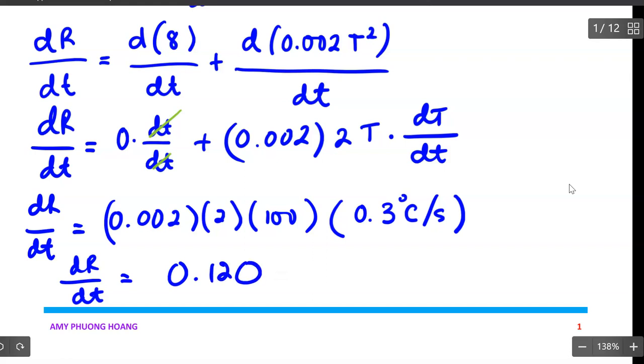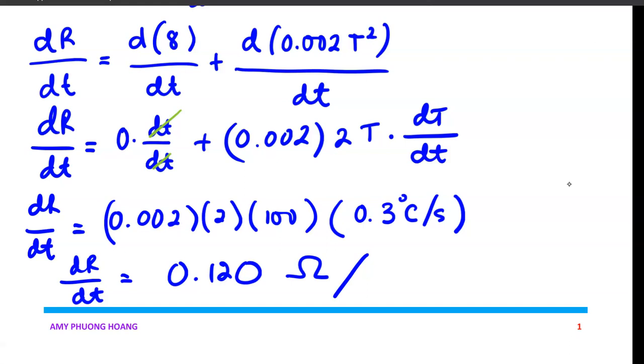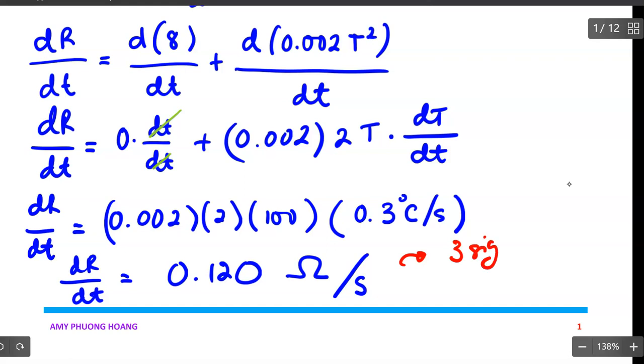I will put a 0 there because I want to present it as 3 significant digits. So they said that the resistance measured in ohm, and they asked for how fast, so I have to present it as per second. Alright, so we are going to make note here is 3 significant digits.